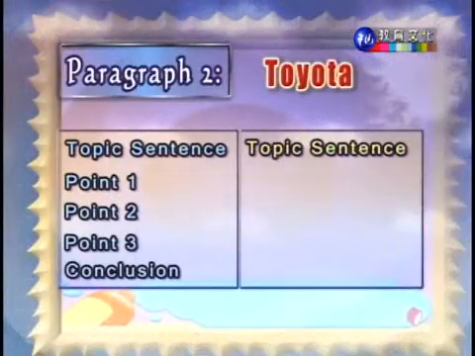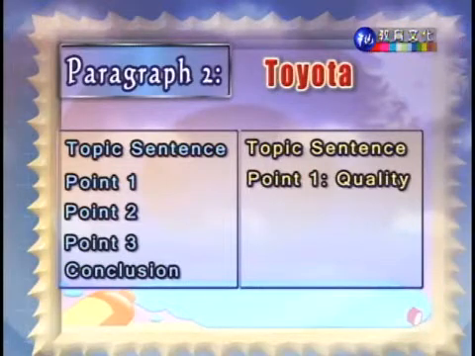As an example, let's say that you're writing about Toyota and Nissan again. In paragraph 2, we will only write about Toyotas, so the whole paragraph should focus on the Toyota. After we write our topic sentence, our first point can be about the quality of a Toyota.